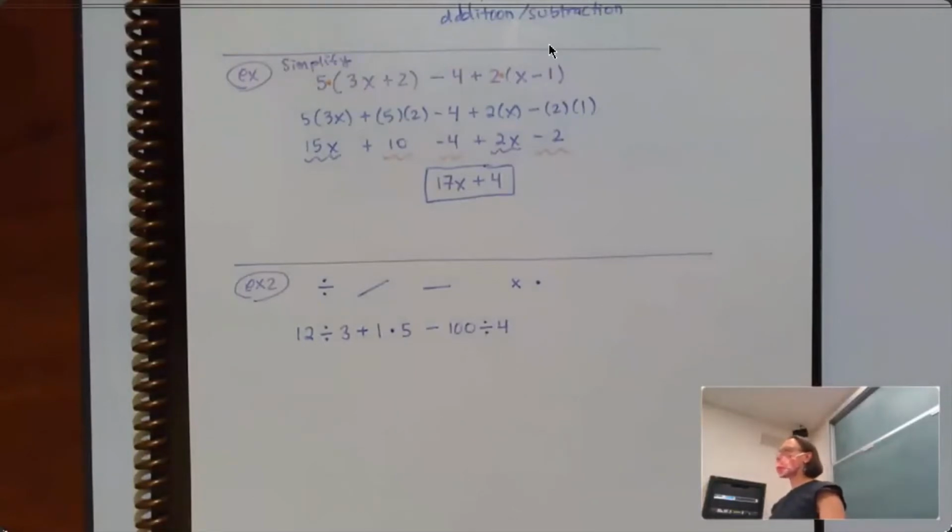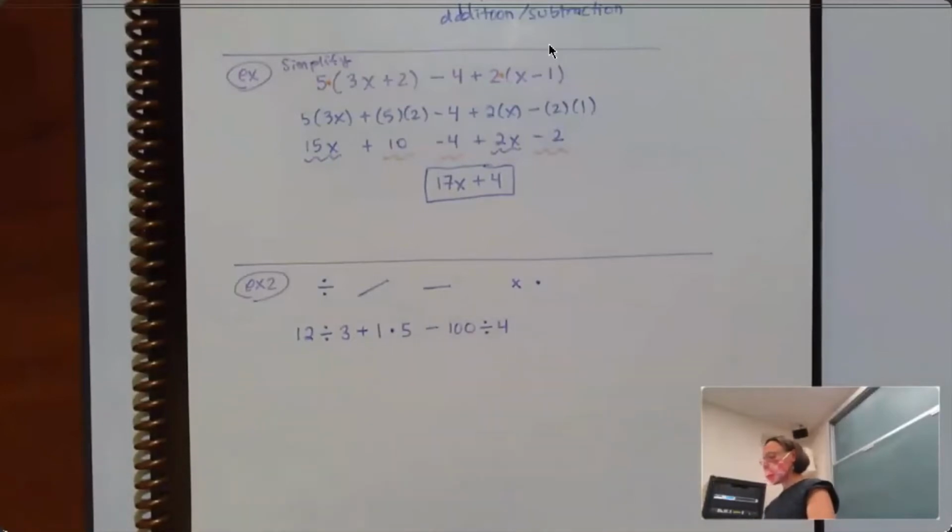But in terms of the order of operations, we don't have any parentheses, though we could rewrite this to have parentheses. It doesn't currently have parentheses. We don't have any exponents on it. So I'm looking to deal with the multiplication and division first. Typically, we move from left to right just because in English we read from left to right.